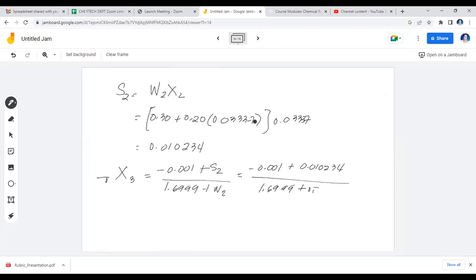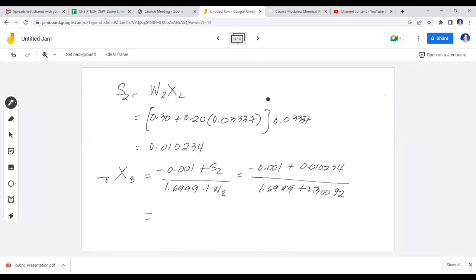This entire thing, class, if we do this entire thing, the W2, I did not place it anymore there, is 0.30092. I did not solve it, I just went straight to it. This is 0.3 plus 0.2 times 0.0337.